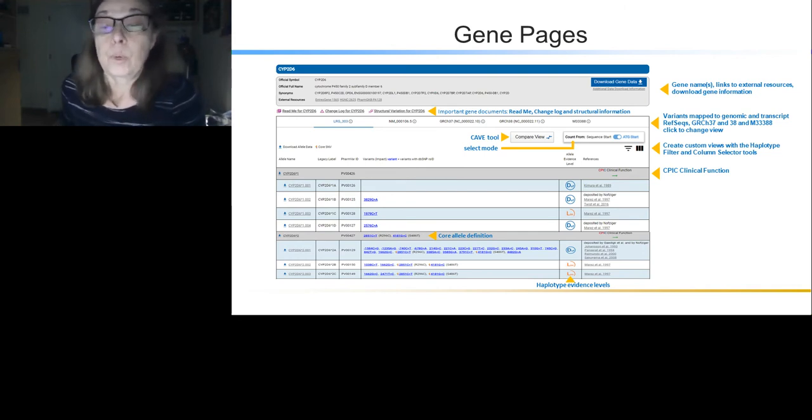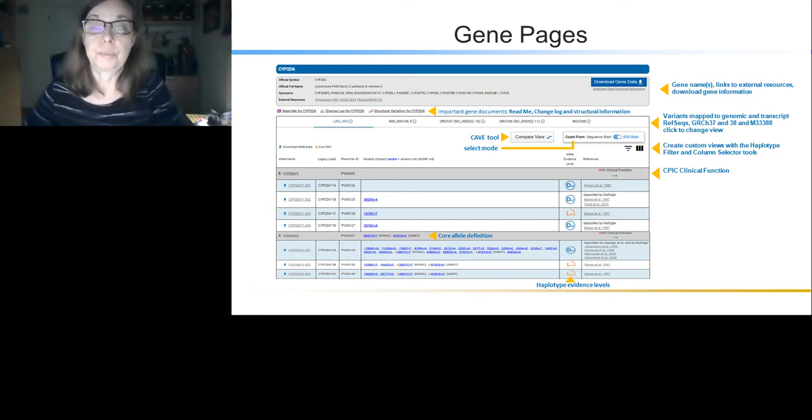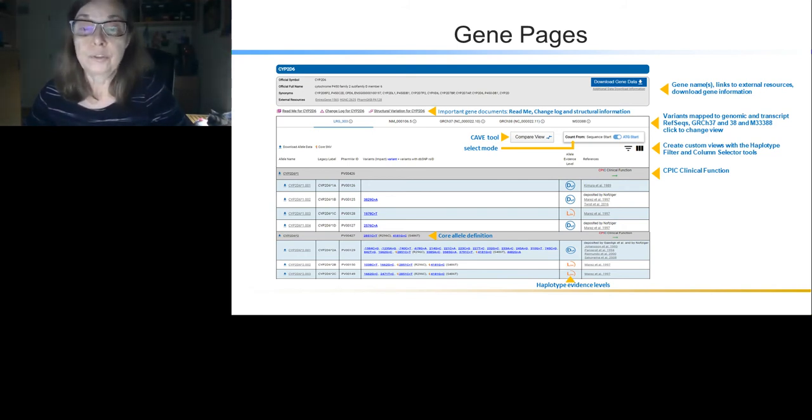And what we also offer are the CPIC clinical allele function assignments as issued by this group. And we have introduced core allele definitions, which are essentially a rule-based system to collapse all sub-alleles we are cataloging into a major allele definition, if you will. And finally, we also assign haplotype evidence levels.